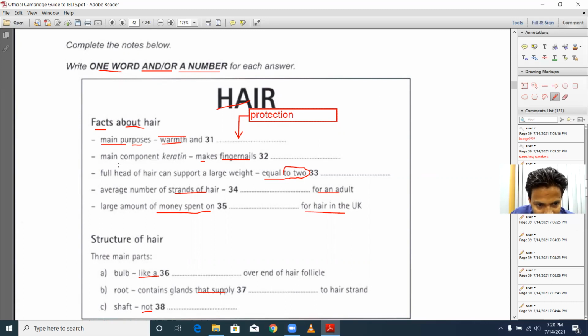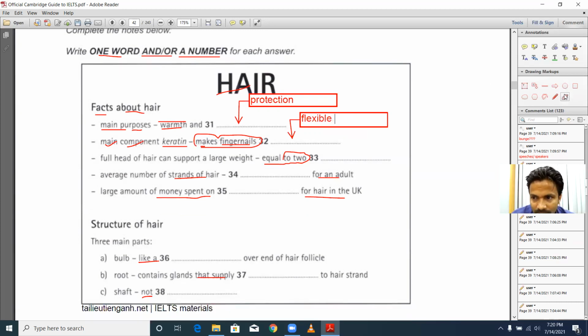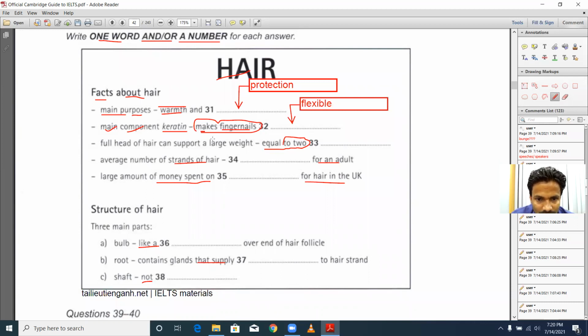Now, hair, whatever it is for and wherever it is on the human body, is composed mainly of a protein called keratin. This, by the way, is also found in fingernails. In fact, it's keratin which makes them flexible, and without it, they would be very rigid. Another interesting fact about hair is that it is very strong, as strong as iron, in fact.